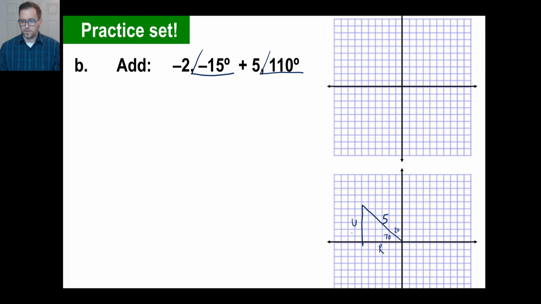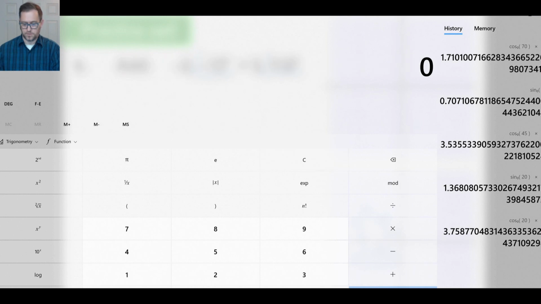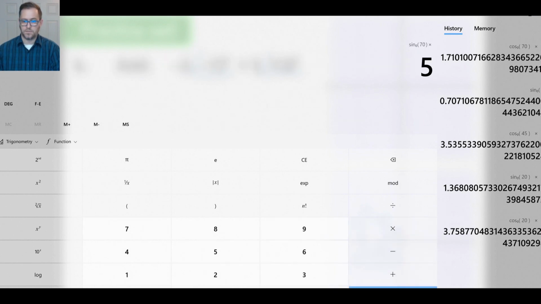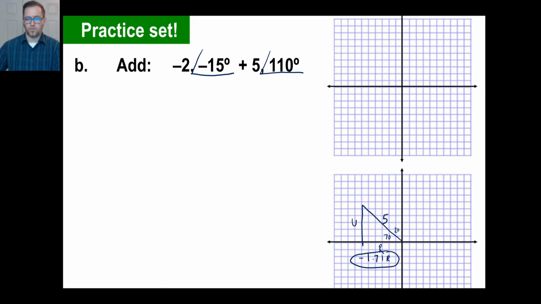So we'll call this 1.71, and don't forget that's going to be a negative. Hang on to that. Our sine of 70 is what we want next. So we have the sine of 70, and then times 5, which will give us, we'll call it, 4.7. So we've got 4.7u. I'll hang on to that for a second.